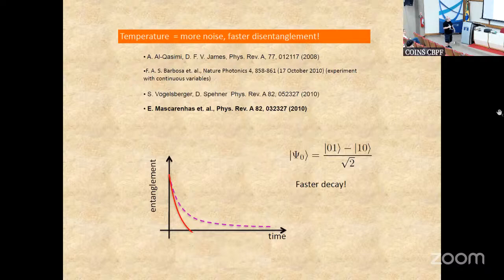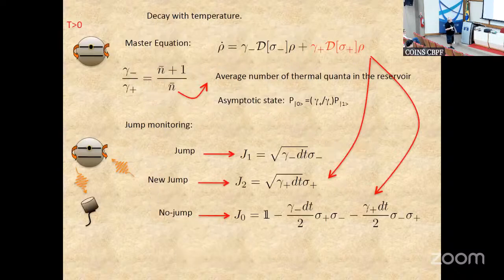And if there is noise, if there is temperature, you actually get more noise and a faster disentanglement. So this is the curve without temperature, spontaneous emission, and this is the curve for some temperature. You get a faster decay. Okay, so the master equation for decay with temperature is given by this.